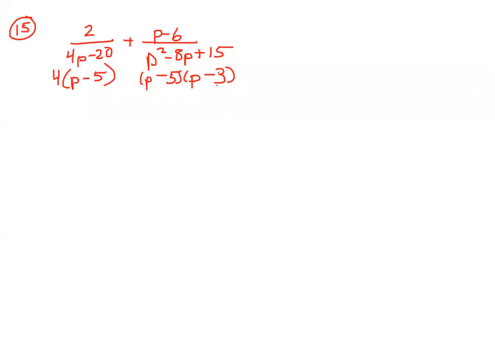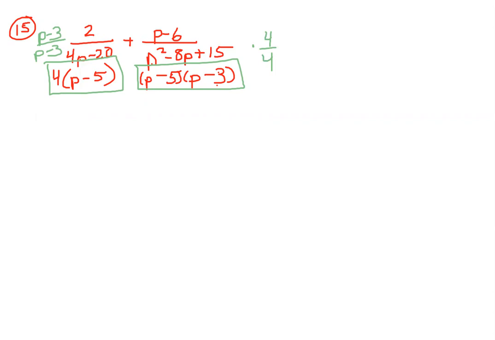So what do these two denominators have in common, and what do we need to do? Well, this first one is going to have a p minus 3. So we're going to have to multiply by p minus 3 over p minus 3. And the second one is going to have a 4. So we're going to have to multiply by 4 over 4.